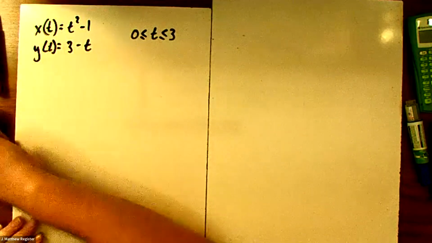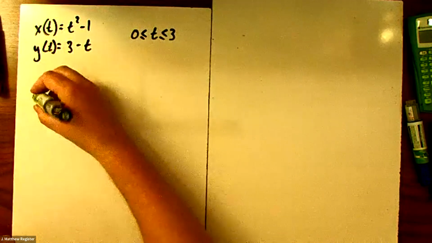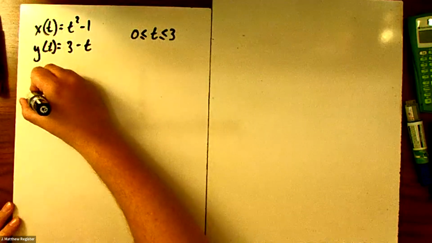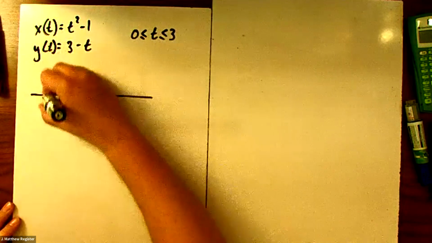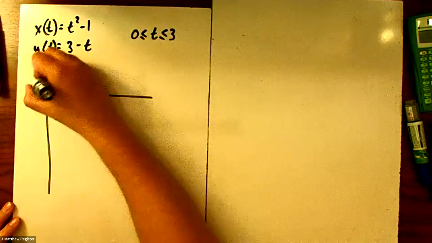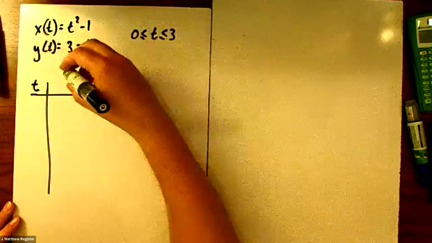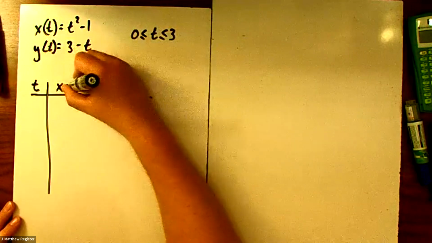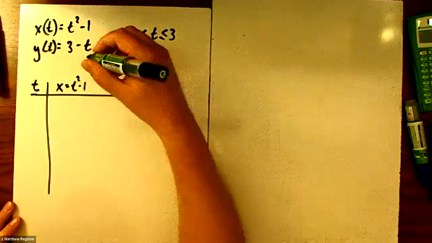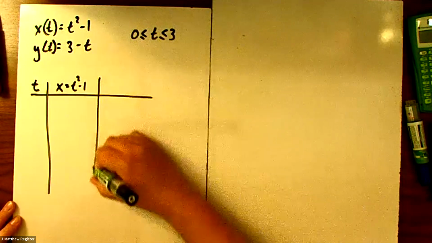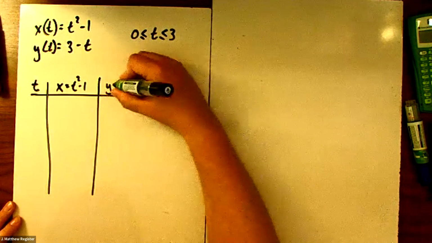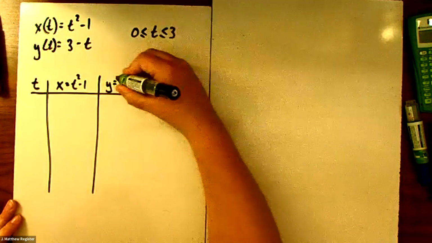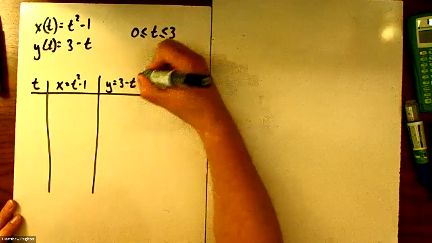And so we can create a standard table of values, where we'll have our t value, an x value, where x is given by t squared minus 1, and a y value, where y is equal to 3 minus t.